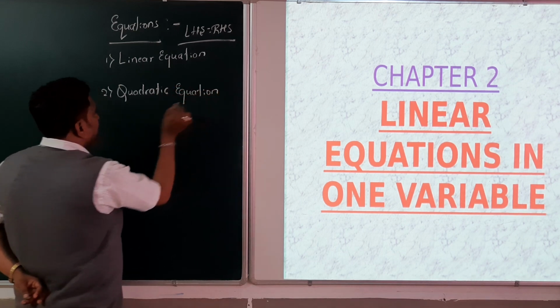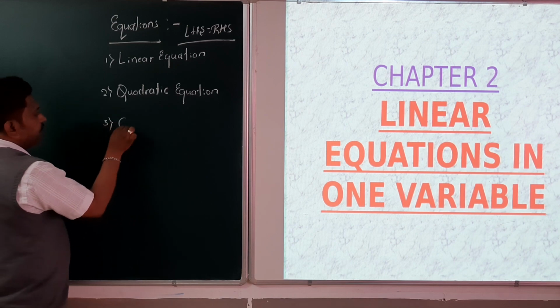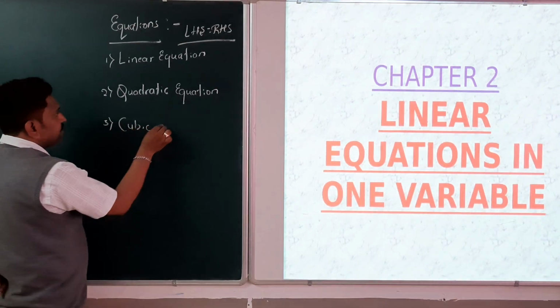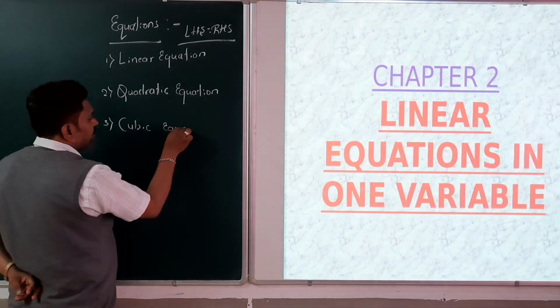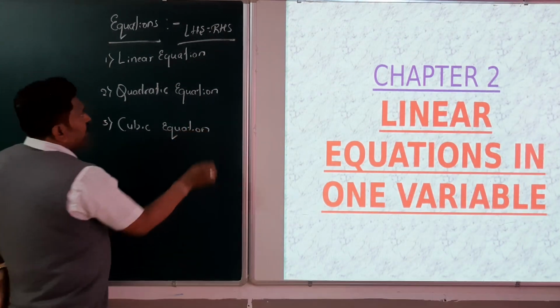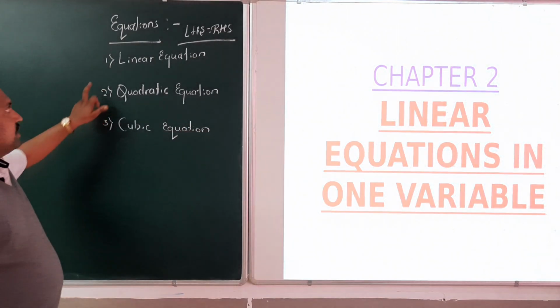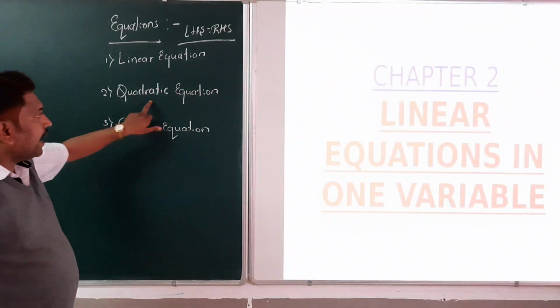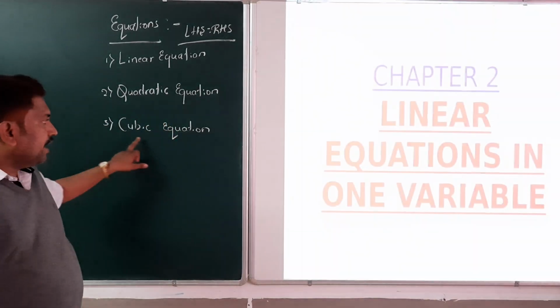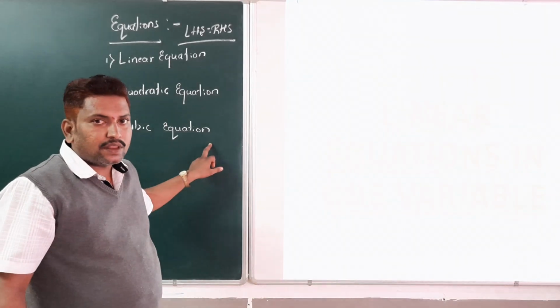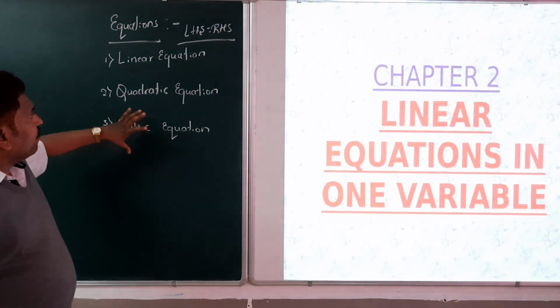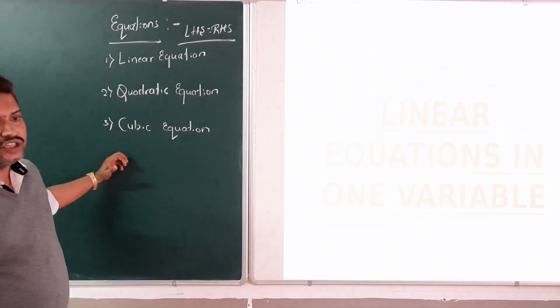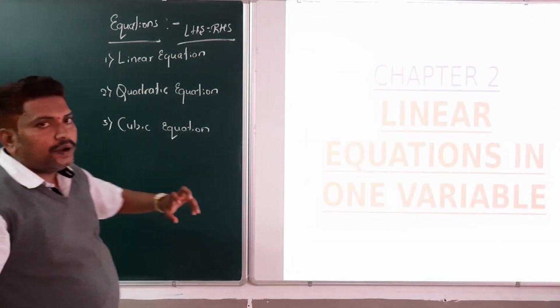And third one, cubic equation. Here three types of equations are there: linear equation, quadratic equation and cubic equation. Before we move on to these types of equation, let's know about what the degree of the equation is.